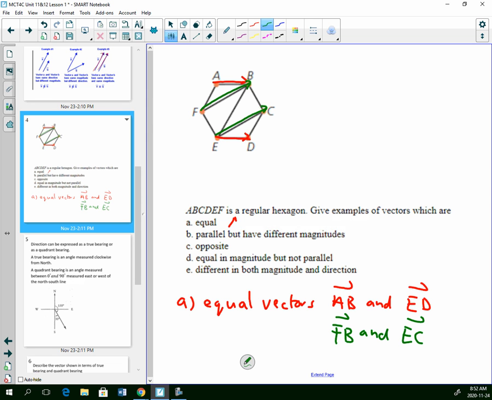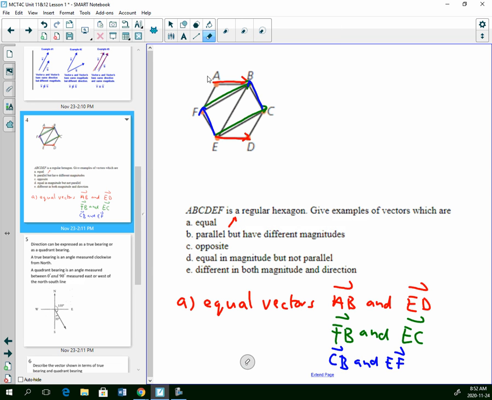So those are equal vectors. Another example might be C to B and E to F. There are lots of vectors in there that are equal.